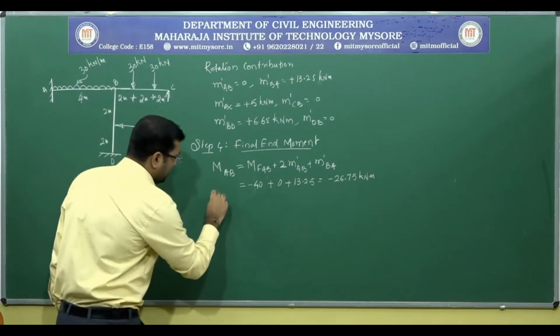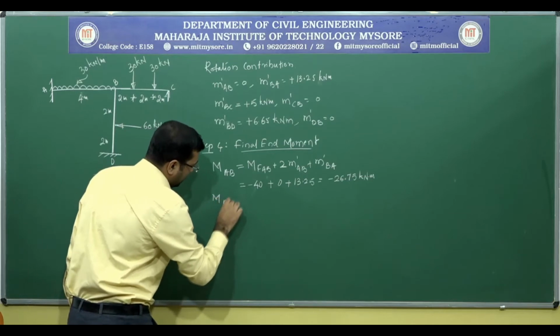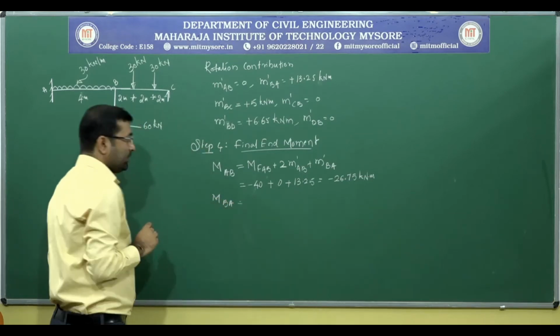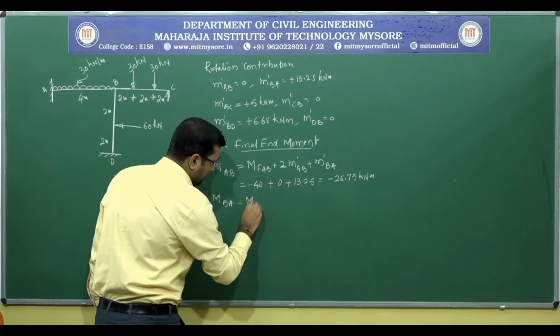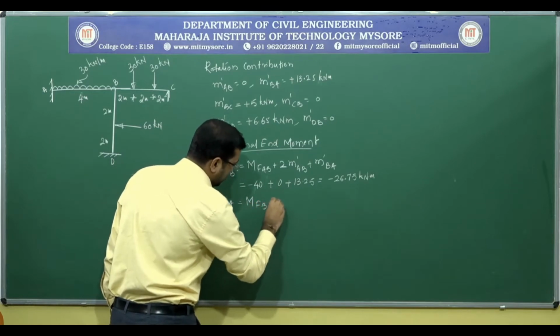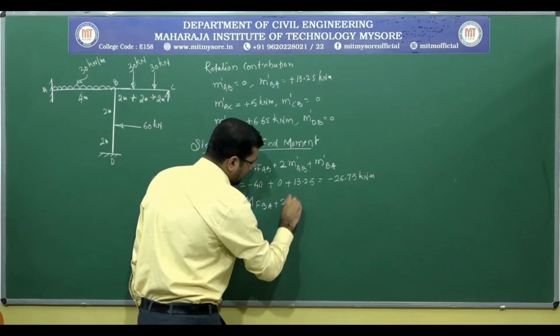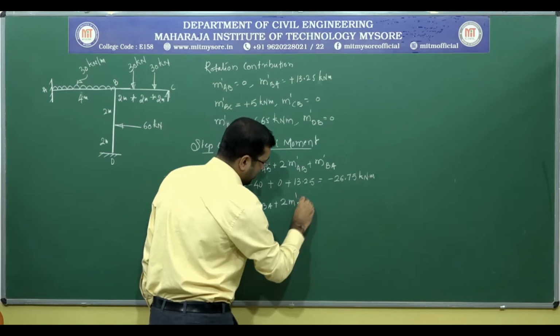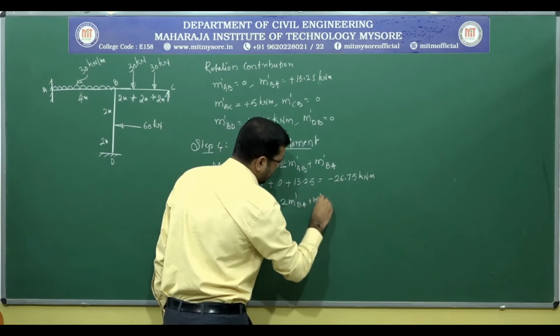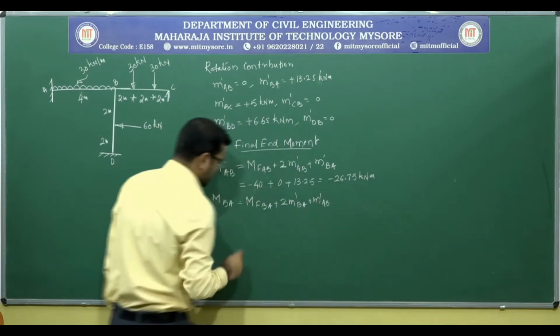Similarly, MBA, that is the end moment at B, is equal to MFBA plus 2 times M dash BA plus 1 times M dash AB.